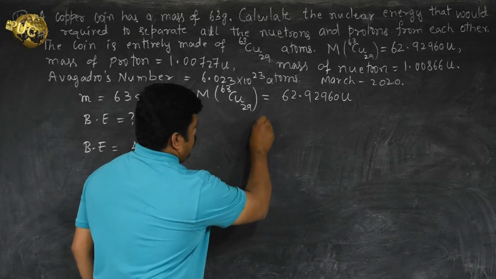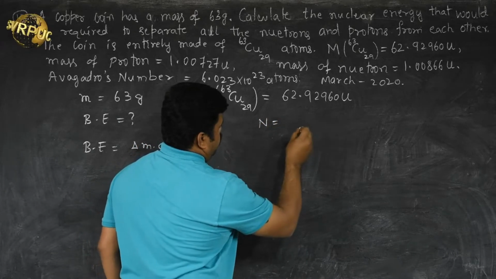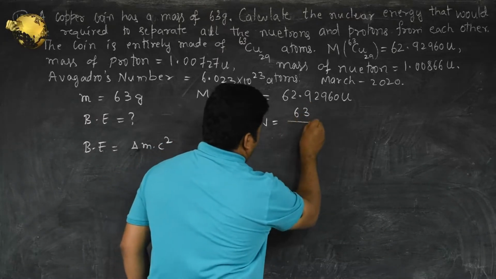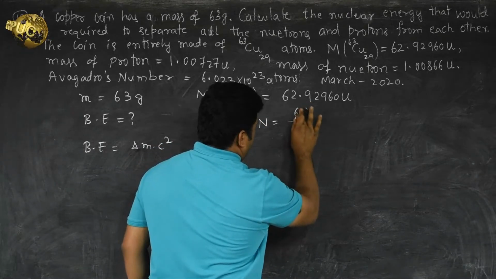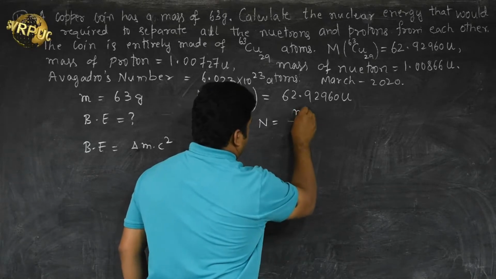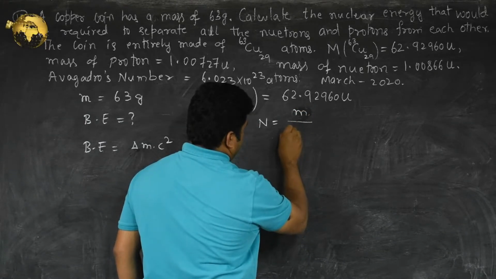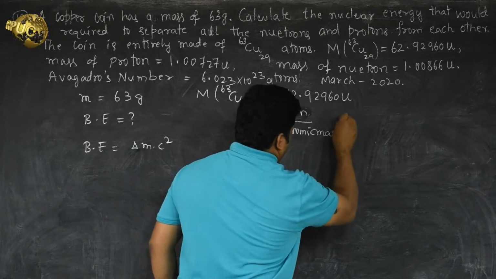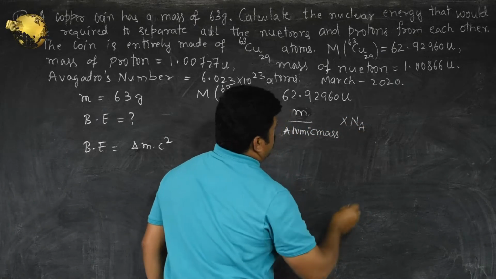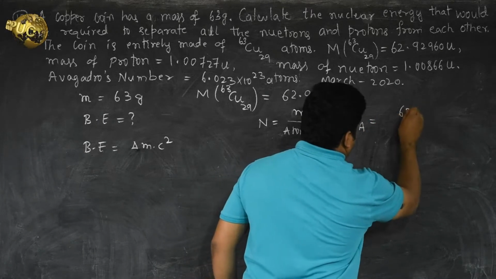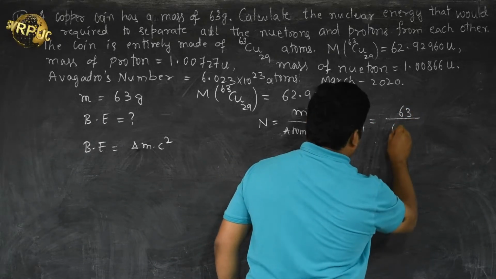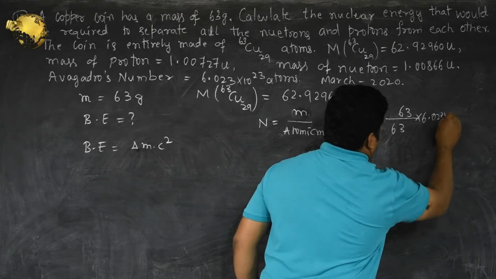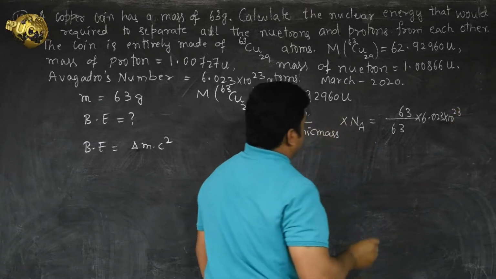How? N is equal to given mass 63 divided by atomic mass, into Avogadro number. So we get 63 divided by 63, multiplied by 6.023 into 10 to the power 23.